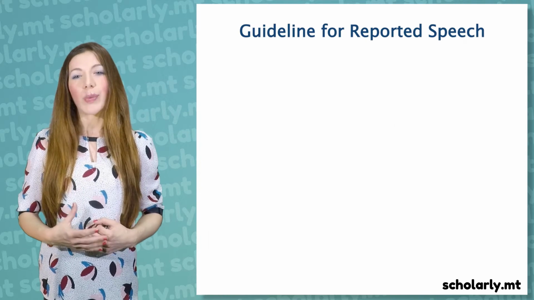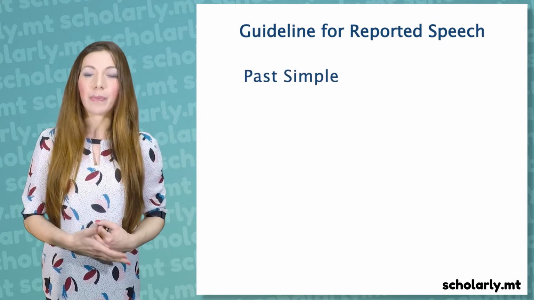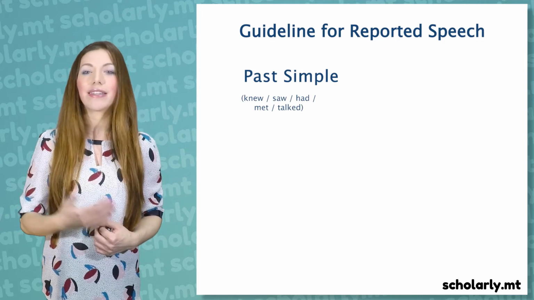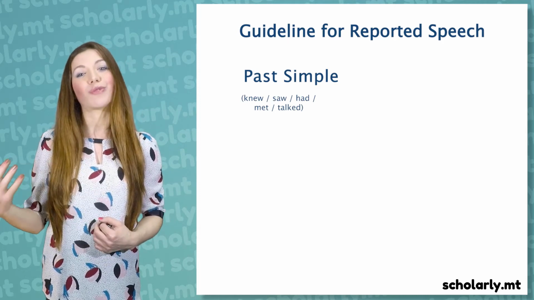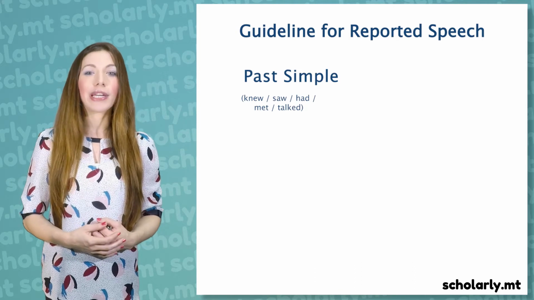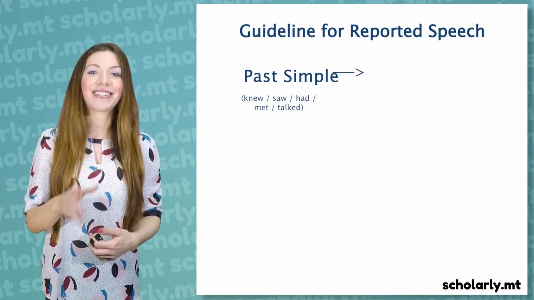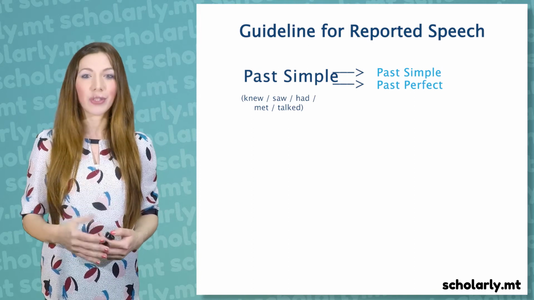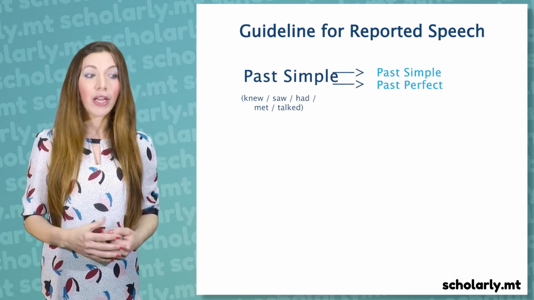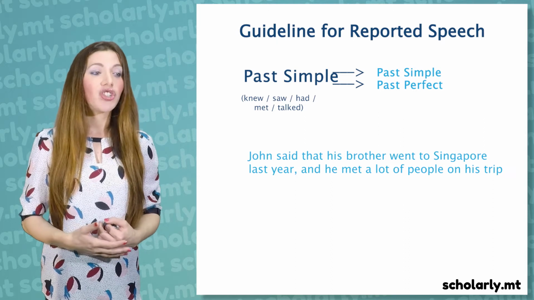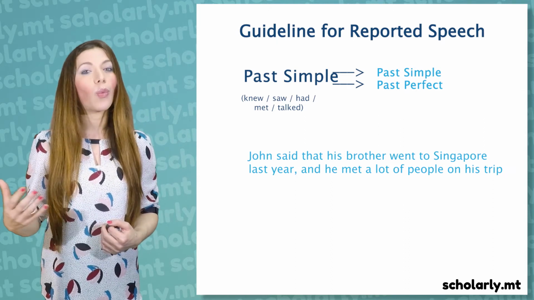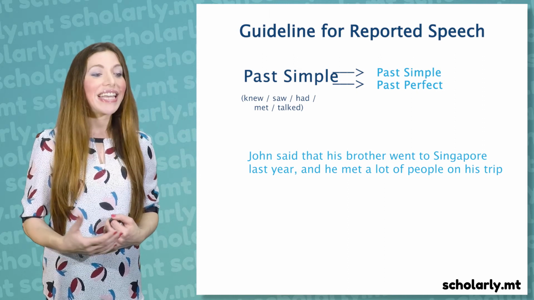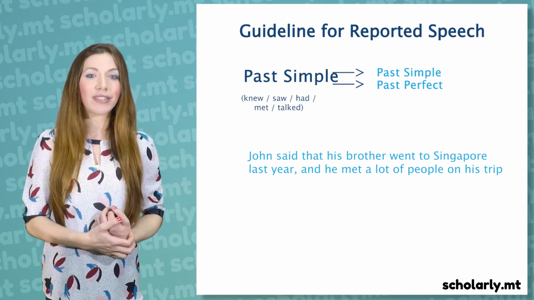Now, when we have a verb in the past simple, like knew, saw, had, met, talked, in the reported speech, we could either leave it as past simple or change to the past perfect, as we've just done. So we can say, John said that his brother went to Singapore last year, and he met a lot of people on his trip.